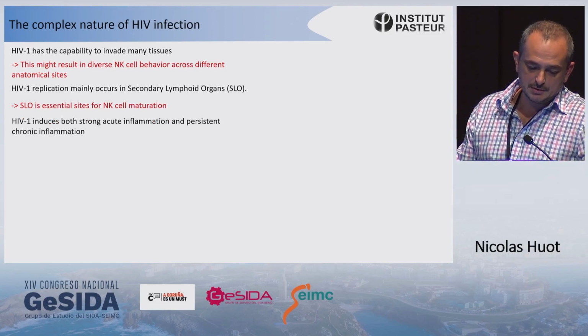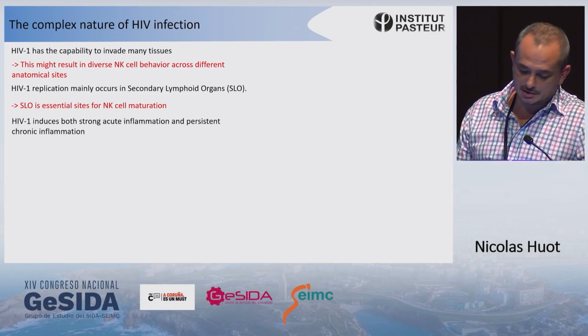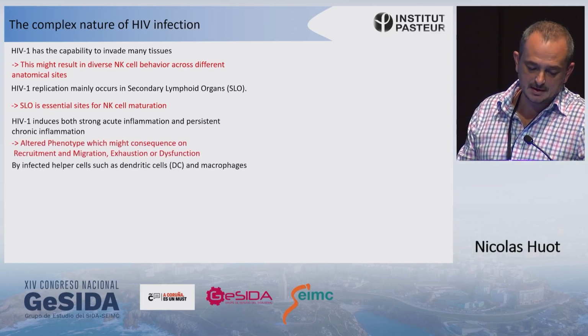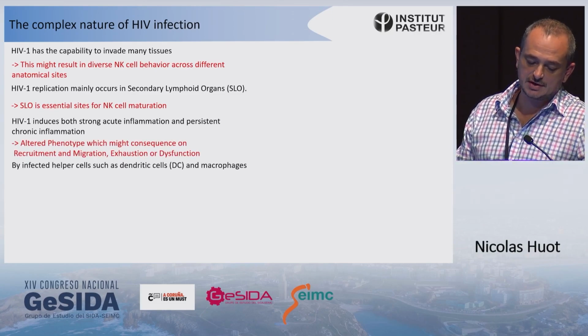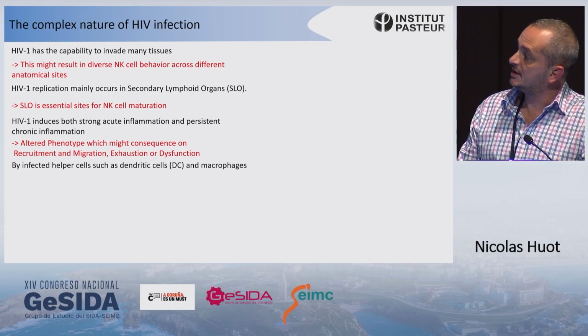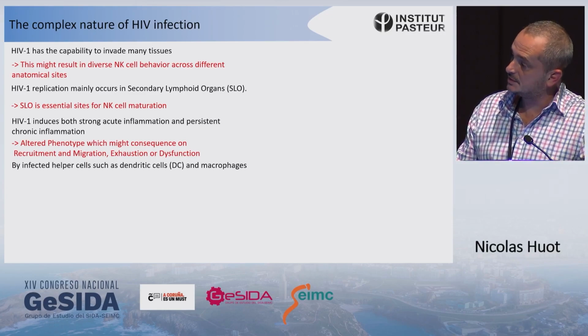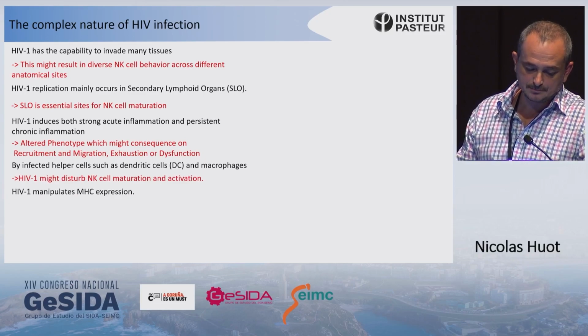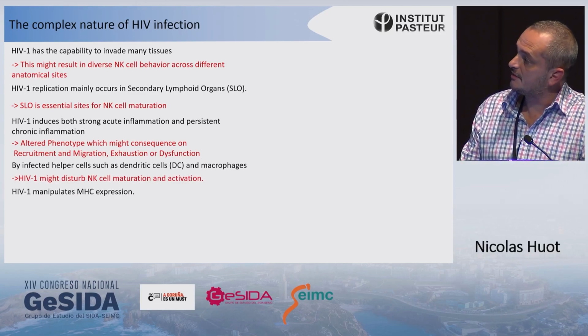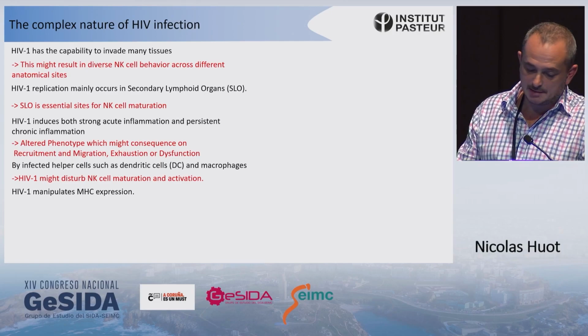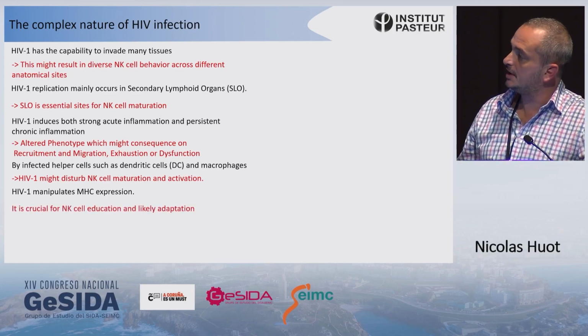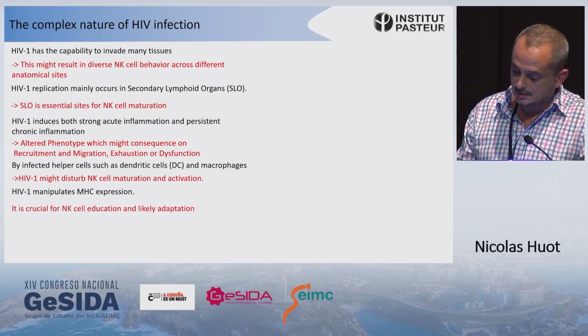HIV could induce both strong and acute inflammation, which also impacts NK cells. By infecting helper cells, such as dendritic cells or macrophages, HIV will also disturb the NK cell maturation process. And finally, HIV manipulates MHC expression, and MHC expression is supposed to be involved in NK cell education.